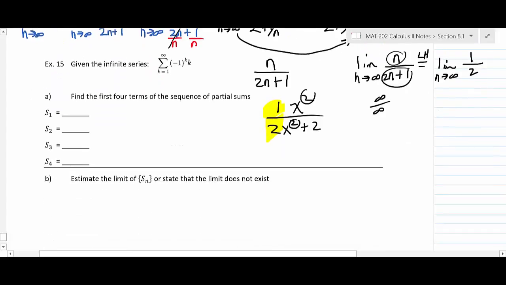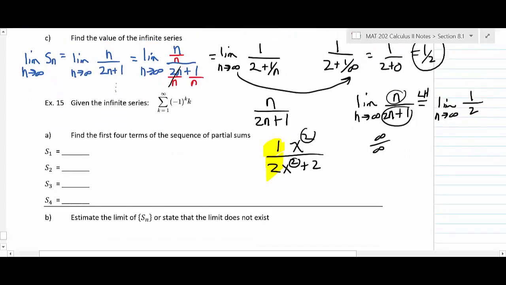All right, let's look at this one. When I do this one right here, what does that -1 to the k tell you in this series? What's it doing? It's alternating, right, that's important. So let's write out the terms. We would have -1 to the first as the first term, plus -1 to the second, plus -1 to the third, plus -1 to the fourth, and so forth.